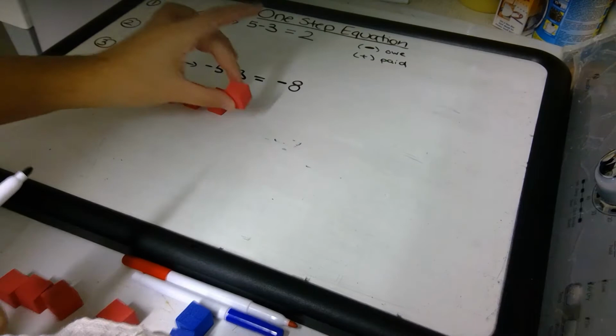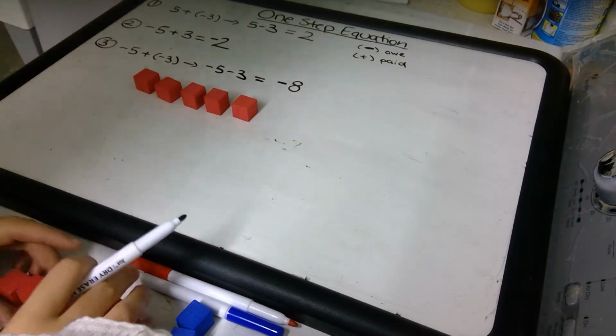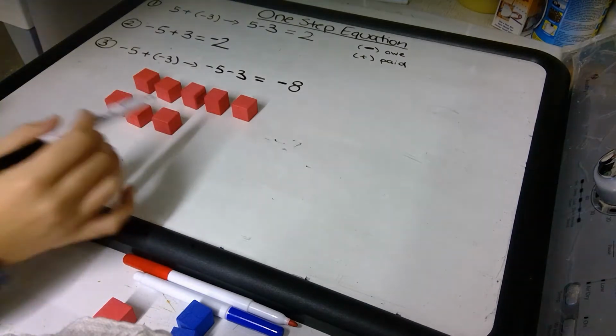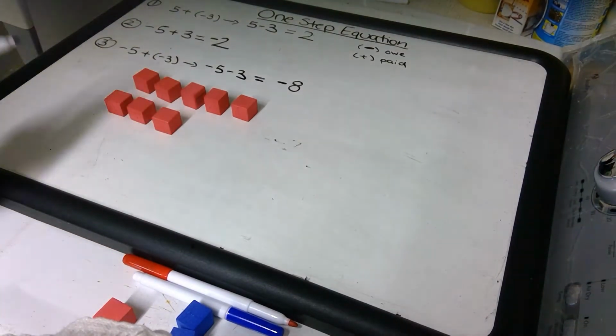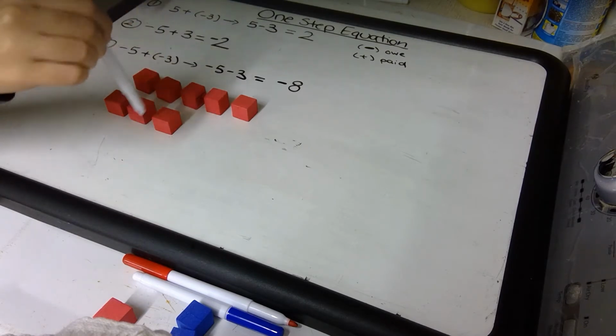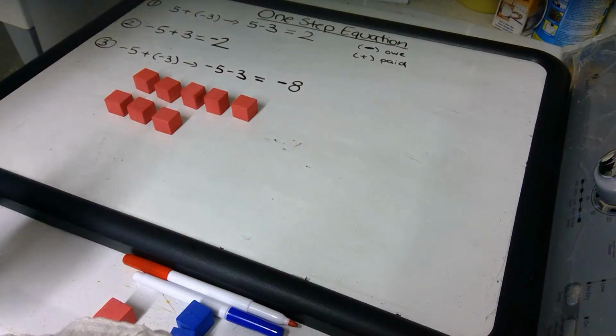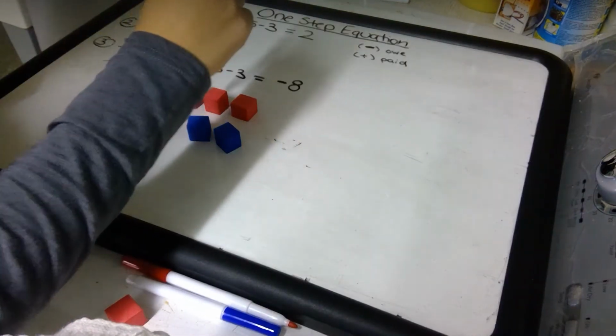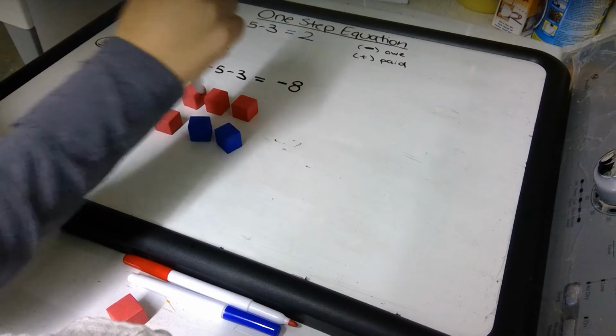Or we could use the cubes to illustrate this problem. So you have 4, 5. Then we're adding 3 more negative numbers. Remember the red cubes mean negative. Now here, even though we see that there's 3 pairs, we cannot eliminate them because they're not opposite numbers. We can only eliminate if they were opposite numbers, like in the previous case.